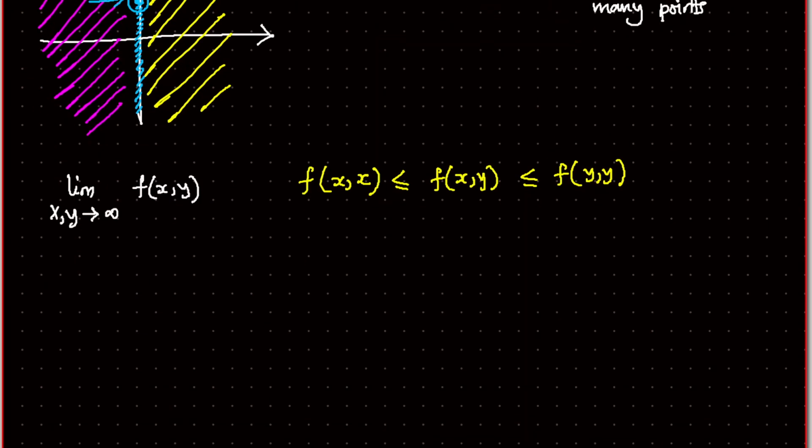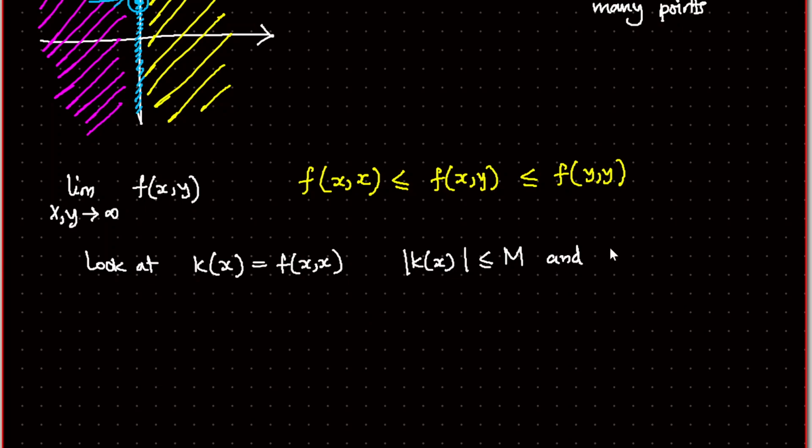So if you look at k of x, which is nothing but f of x comma x, this is also bounded, again by M, and k of x is monotone non-decreasing.